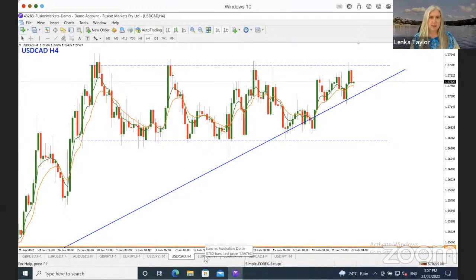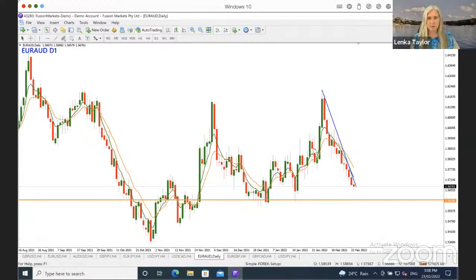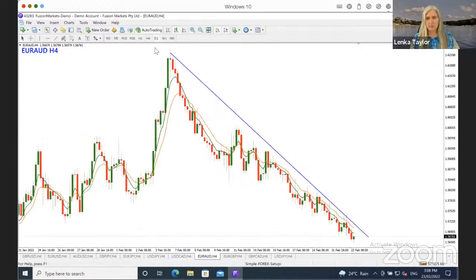Next currency pair I'm looking at is EURAUD. Now, this is definitely going downwards. I was expecting a reversal around that point there, which did not happen. So now I don't really have a clear entry into it.